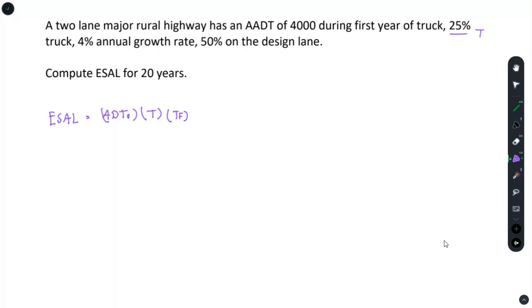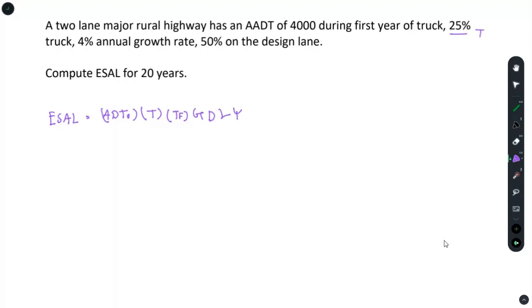Later, it will be multiplied by G, which is the growth factor, then D, which is called directional distribution, and then by L, the lane distribution factor. Later, it will be multiplied by Y.